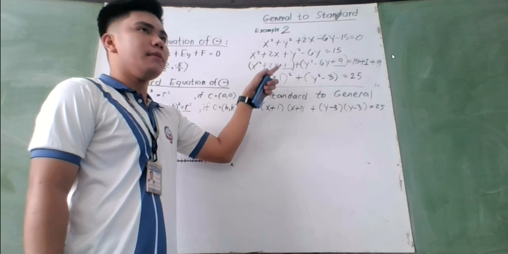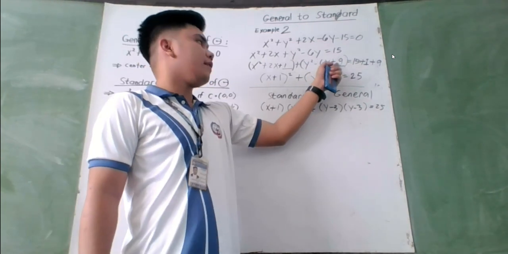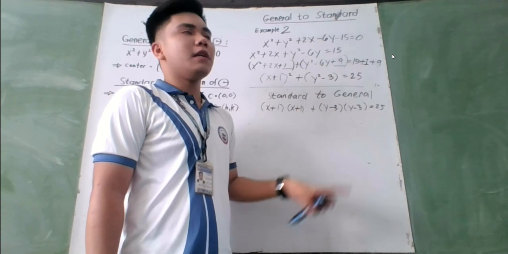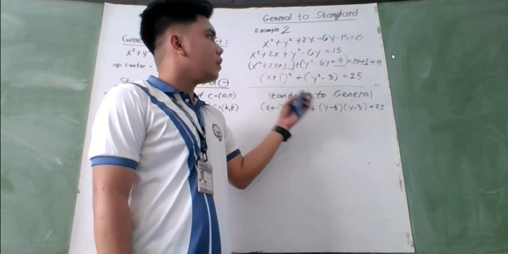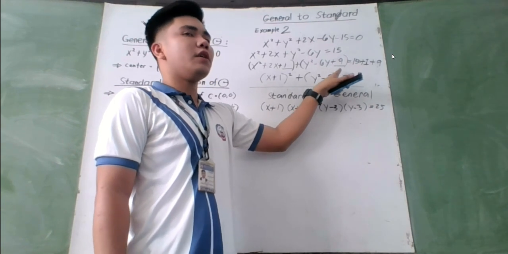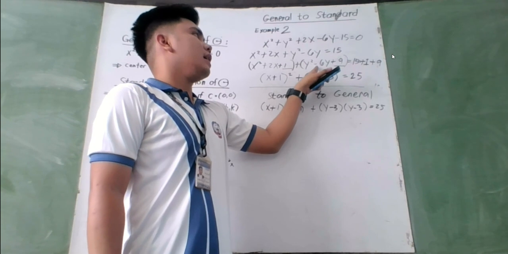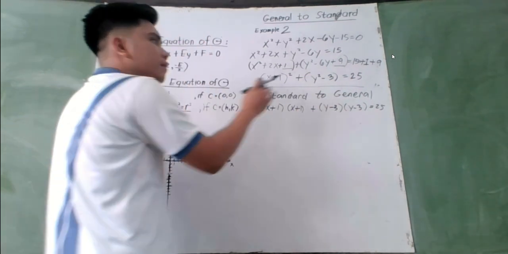But if you're going to sum it, 1 plus 1, that is 2. Another, 9. Find the factors of 9. 3 times 3. But 3 times 3 can be equal to negative 6 or not? Not. So, you have negative 3 times negative 3, that's 9. But if you're going to add it, negative 3 plus negative 3, that is negative 6. Therefore, negative 3 is our value.